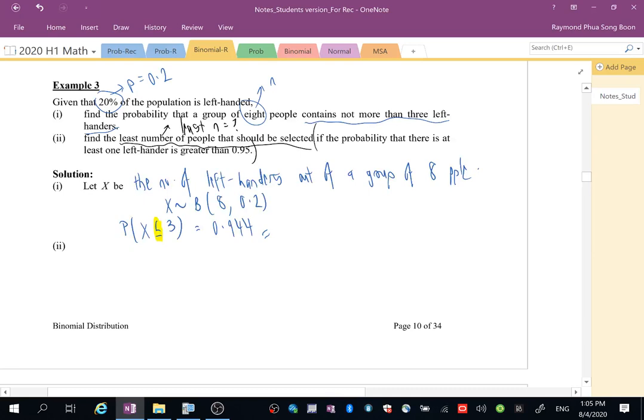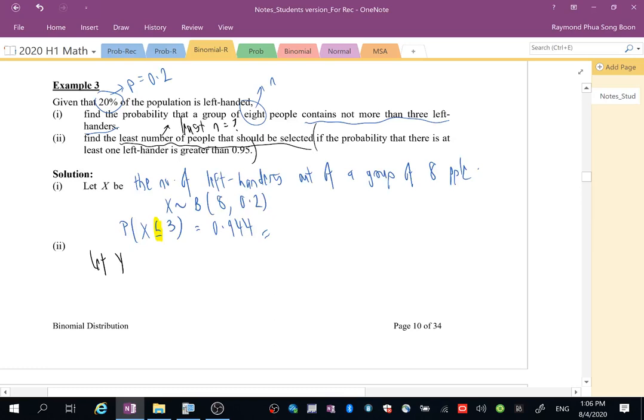Therefore in part 2 we have to define a new random variable, because in part 1 the value of n, the number of trials, is 8, but in part 2 we can no longer assume that n is 8. In fact, that is what the question wants you to find. Since the number of trials has changed, we need to define a new random variable.